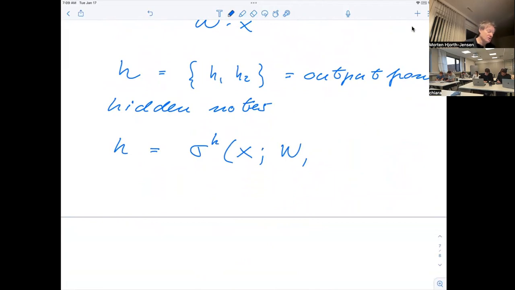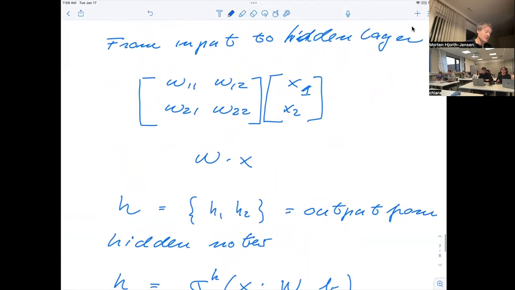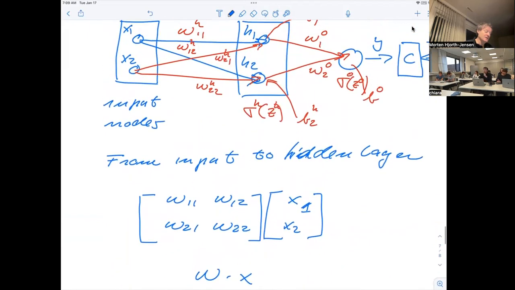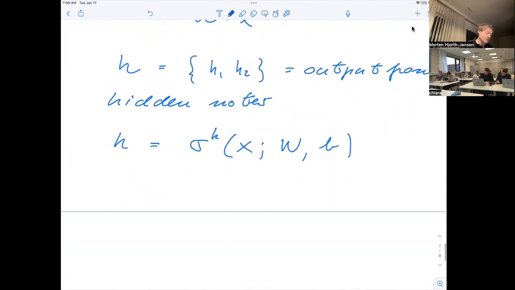And then it also contains these biases, which are unknown parameters. So we are going to write this in terms of a vector b. In this case, we had defined this as b1 and b2. So this vector b is now given by these two terms, b1 and b2 for the hidden layer.